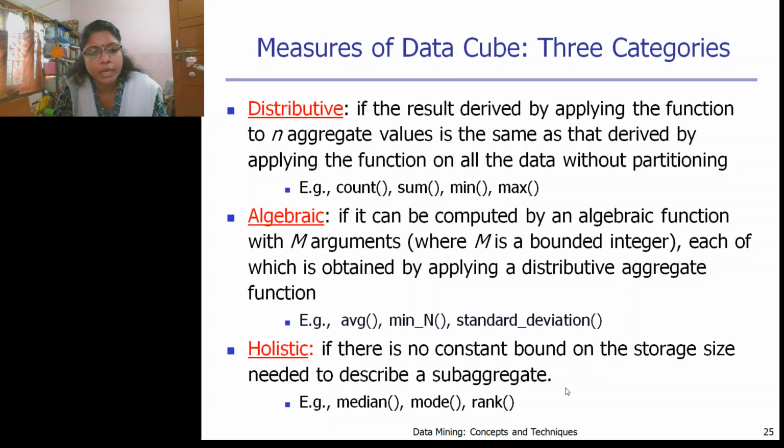Second is the algebraic measure, where an algebraic function or operation is used, such as average, min N, standard deviation, variance, etc. So that comes under the algebraic measures in a data cube. And holistic means there is no constant storage bound. So you have a set of data and you need to find the rank, median or mode of that data. That will be dealt with as a holistic measure.